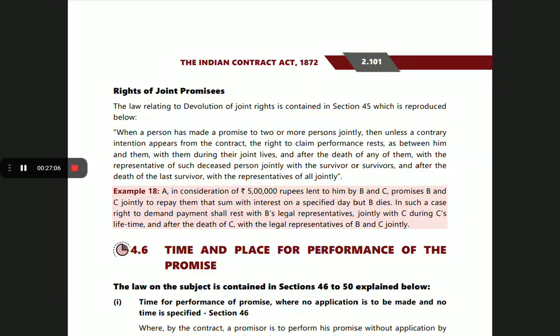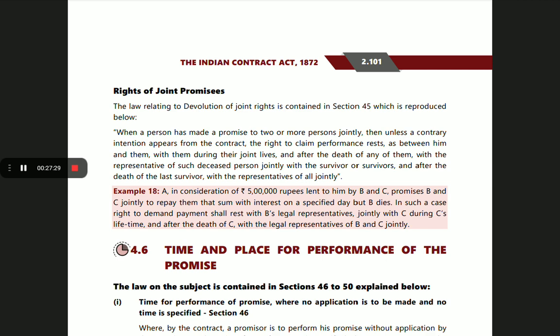Rights of joint promisees. The law relating to devolution of joint rights is contained in Section 45, which is reproduced below.